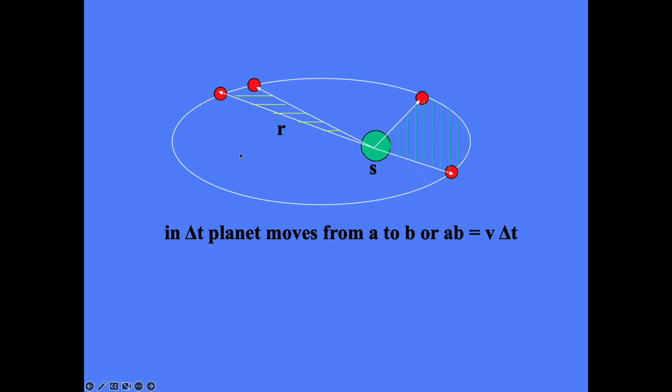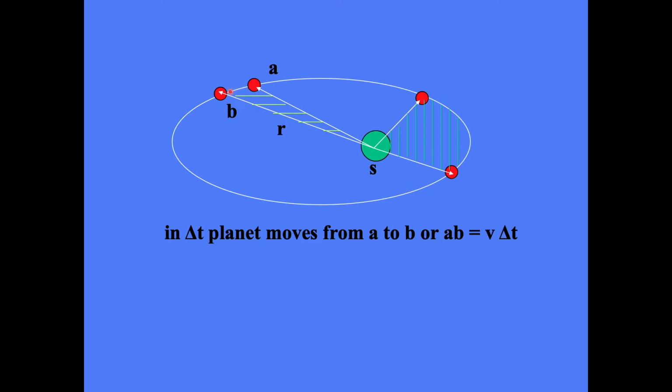Now I'm going to look at basically two points, A and B. So I'm going to look at a planet that goes from this point to this point. I'm going to assume that the elapsed time is small.